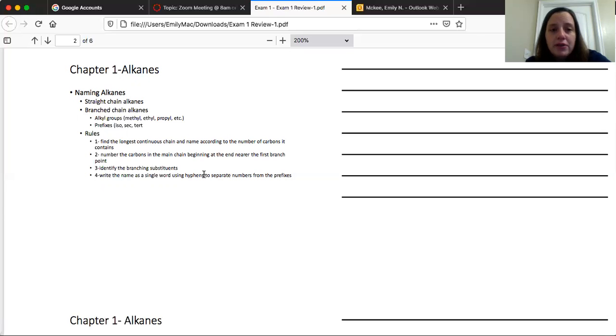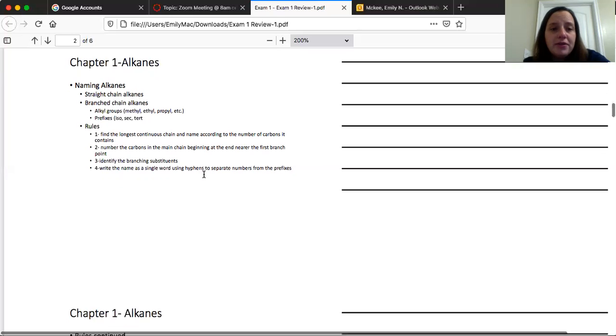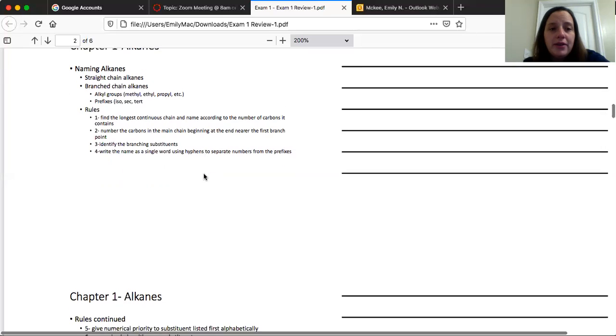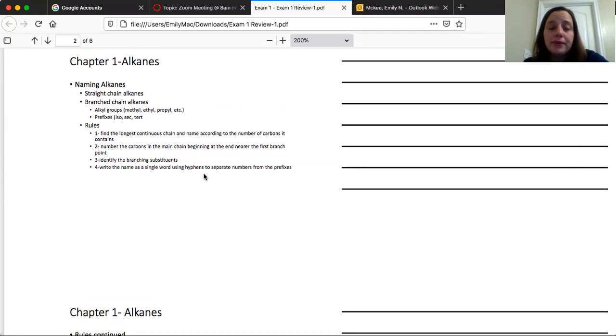So find the longest continuous chain and then name it according to how many carbons there are. Then we number the carbons that are nearest to the first branch, and then identify your substituents and write the name as one single word.